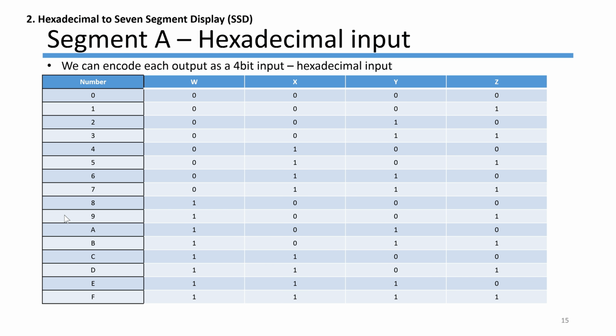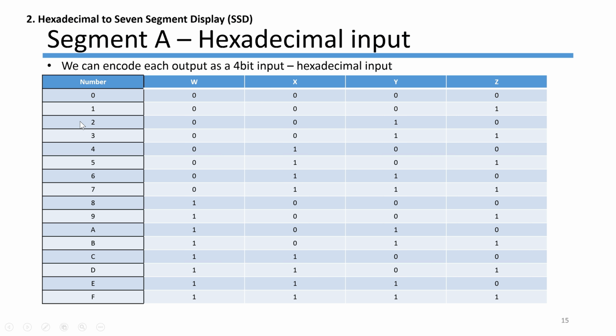Now the output that we want can be encoded into 4 bits, known as a hexadecimal input. So in order to output the number 0, the 4-bit input is 0, 0, 0, 0, and this goes up in binary fashion, so that to show the number 1, the input should be 0, 0, 0, 1.